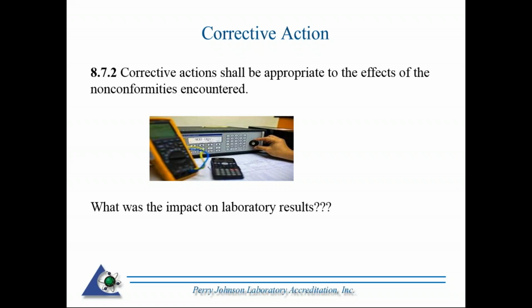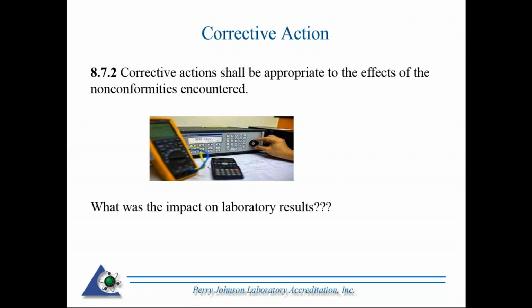Did the nonconformity have a direct impact on what the laboratory was reporting to the clients? So if it related directly to the test or calibration results, the corrective action taken shall be appropriate to the effects of the nonconformance encountered.